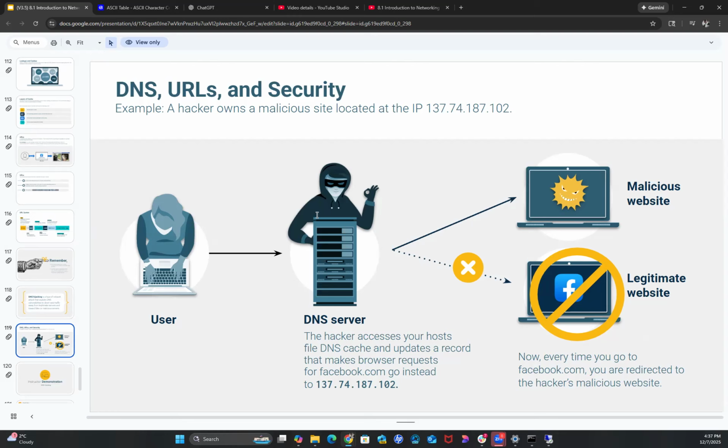When people in this area try to reach the site, they go to a fake DNS. Suppose there is a fake ISP and a fake Facebook. If you log in, you think this is the real Facebook. But when you enter your username and password, they are hacked.